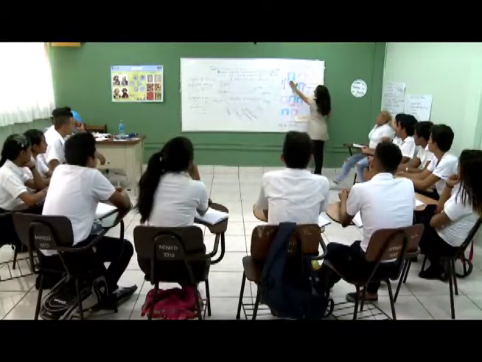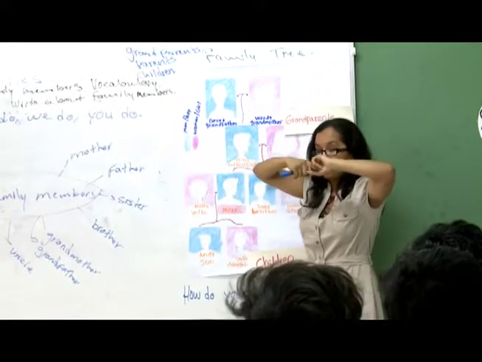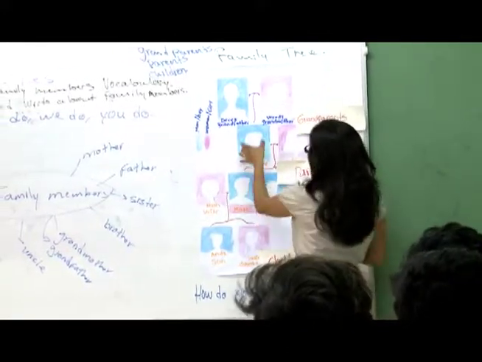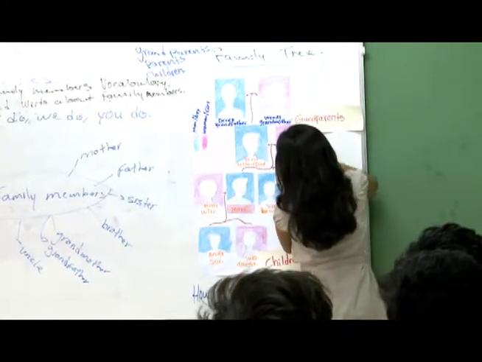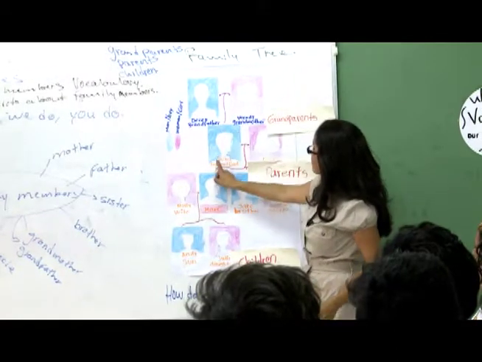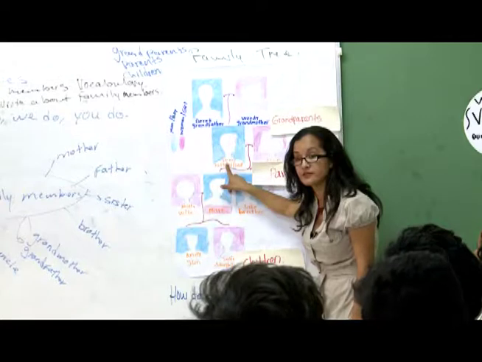So Derek and Wendy, they are a couple. They are married, right? Then they had one son. The son is Peter.